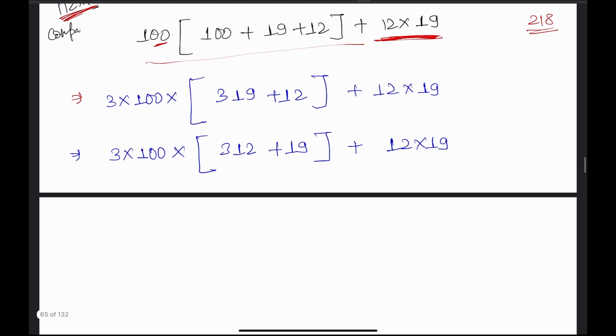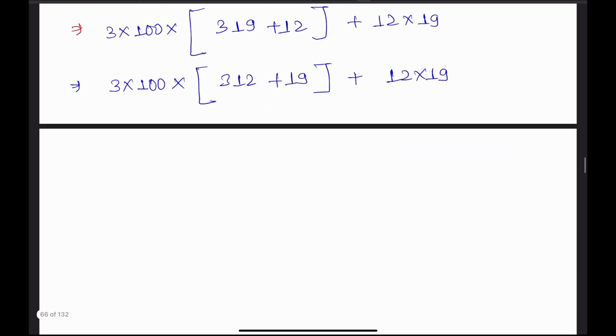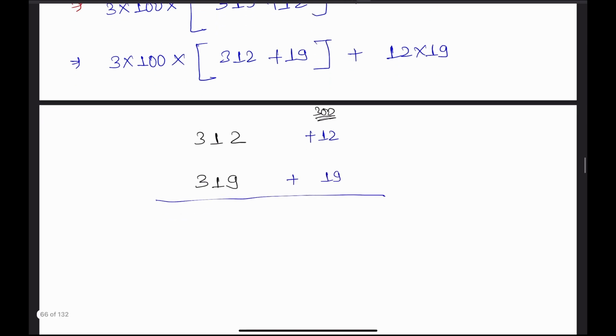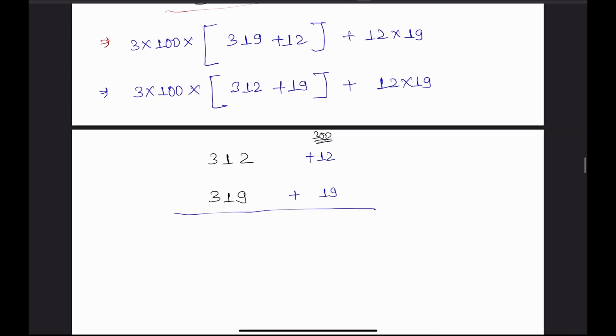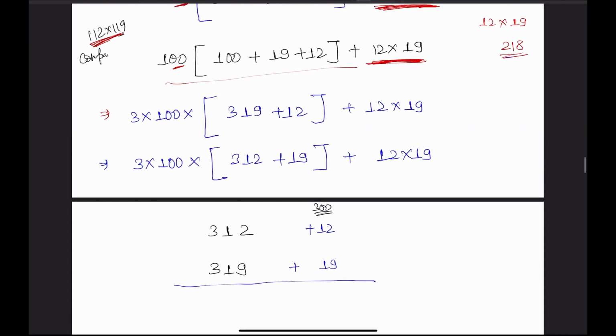Is this not similar to whatever we are doing? Let's take the base as 300 and understand what difference it will make. This is 12, this is plus 19. The multiplication which we earlier used to do, we can do now also, and we got 218.